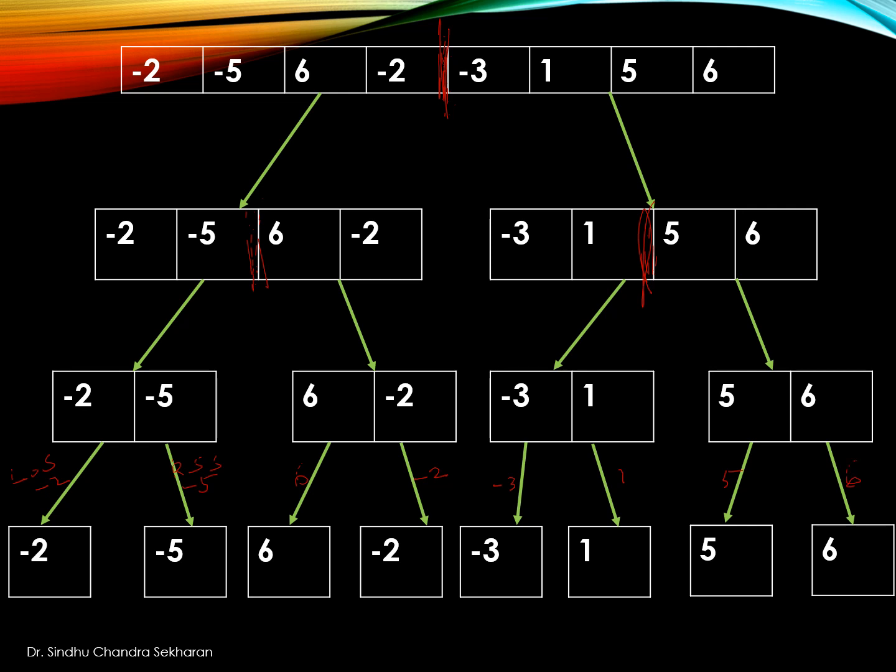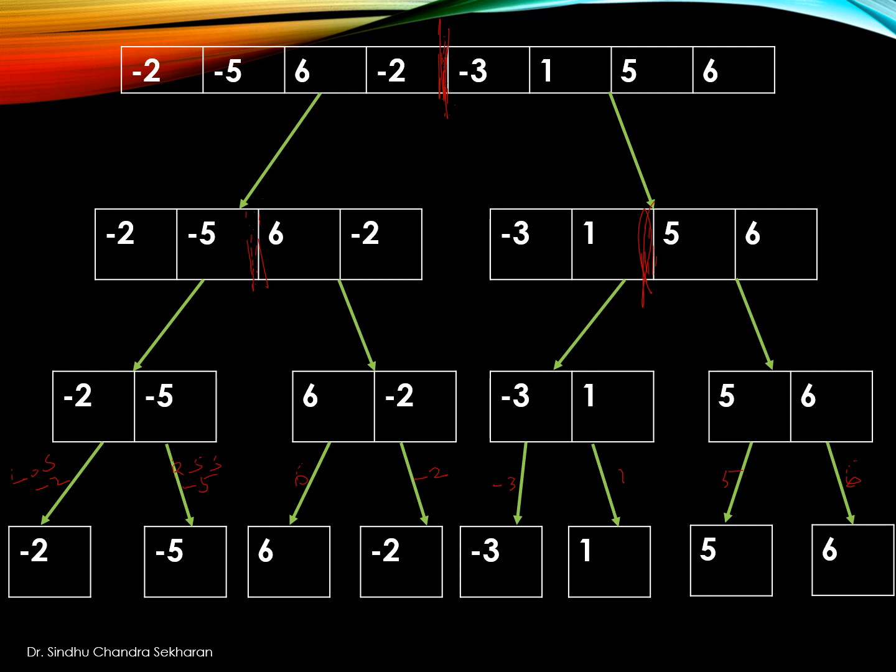Now I have to find the crossing subarray sum. Crossing subarray sum is the combination of the left and the right midpoints. So here the midpoint is the leftmost item and mid plus 1 is this item.